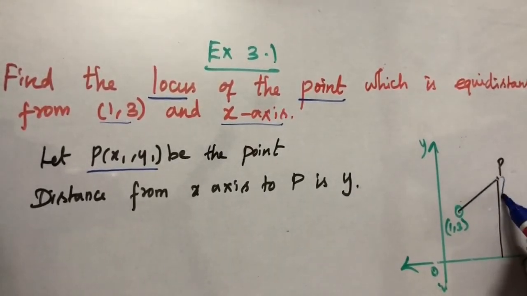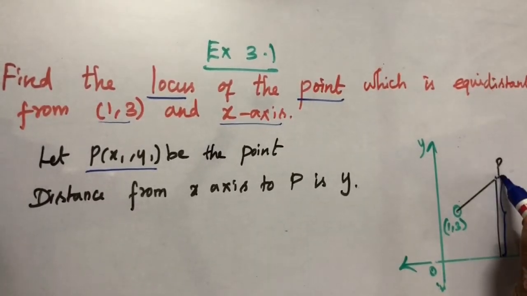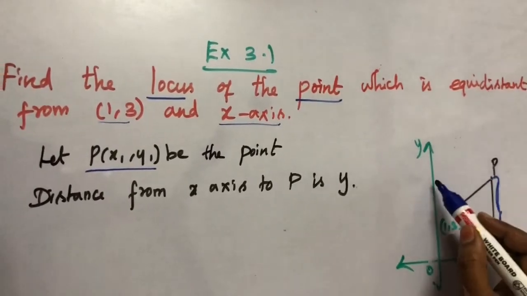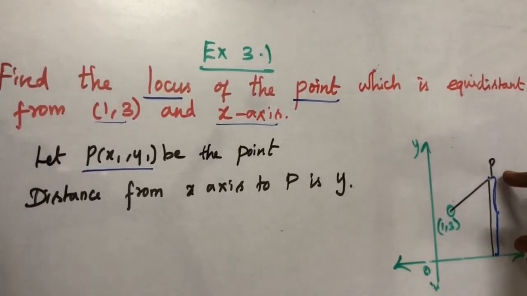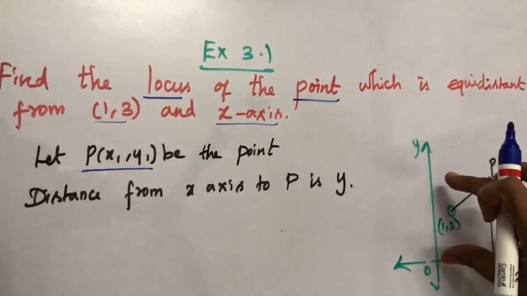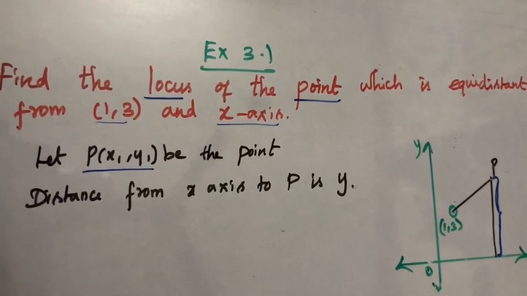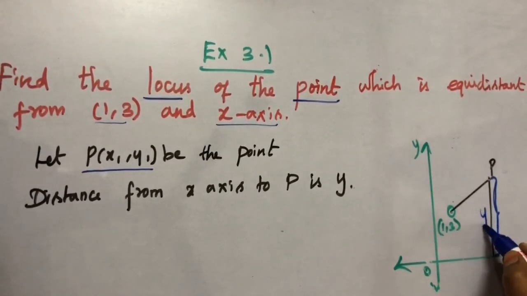Can you tell me what is the measure of this line? What is the measure of this angle? It is the y coordinate of the point, because this distance is equal to the distance between the origin and the y coordinate. So this measurement is known as y1.